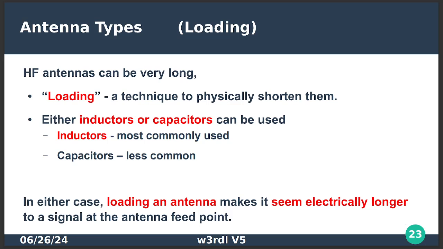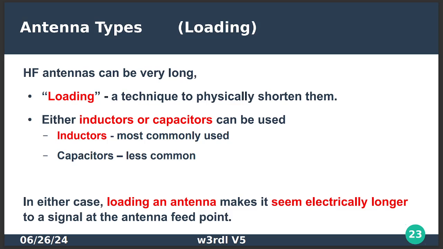And his is center loaded also. The closer you get to the top with the loading, the better the performance is. But it's hard to top load a mobile antenna. It creates a lot of wind drag. So loading is a technique to physically shorten them. Either inductors or capacitors can be used. Inductors are most commonly used.